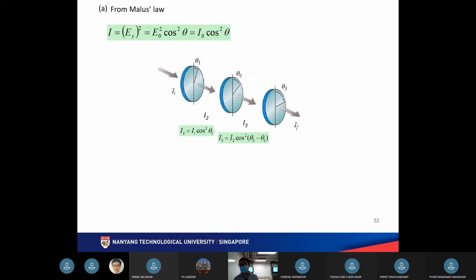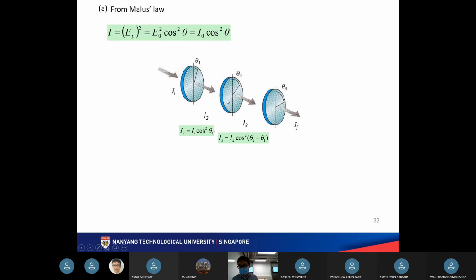The same goes for I3. Its electric field will not be oriented along the theta 2 direction, because, as I said, once light passes through the polarizer, apart from the decrease in its intensity, its electric field will also be changed to the transmission axis direction.